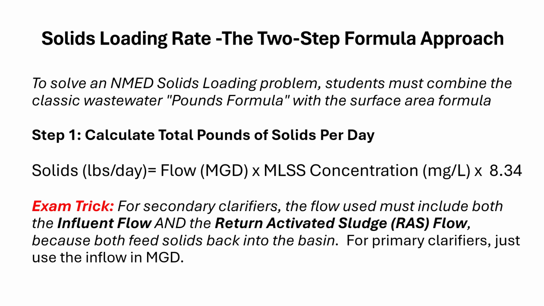We can look at it as a Davidson pie chart, what have you, if that helps you, and I'll explain that in a bit. But that pounds formula is simply pounds per day equals the flow in, and we want this in units of millions of gallons per day, MGD, not in gallons per day. And then the MLSS, that's the mixed liquor suspended solids concentration in milligrams per liter.